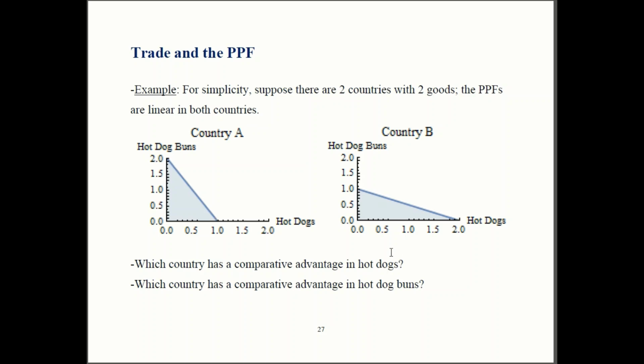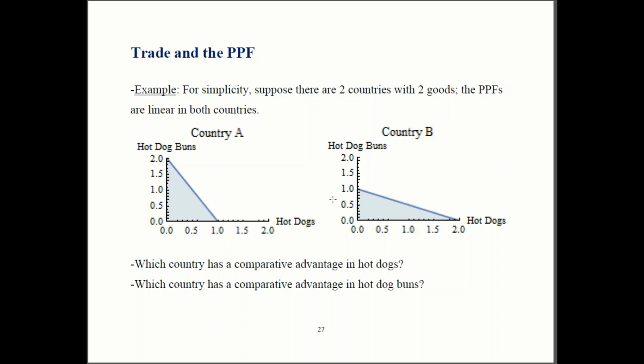In country B, it's different. Here, if you have 0 hot dogs, you're going to be up there. If you have 1 hot dog, you're going to be here. So going between those 2 points involves sacrificing 0.5 hot dog buns.